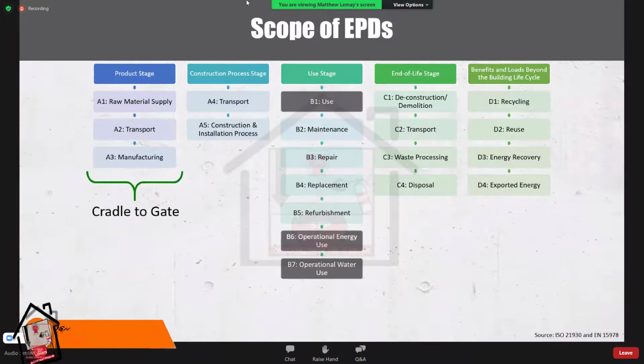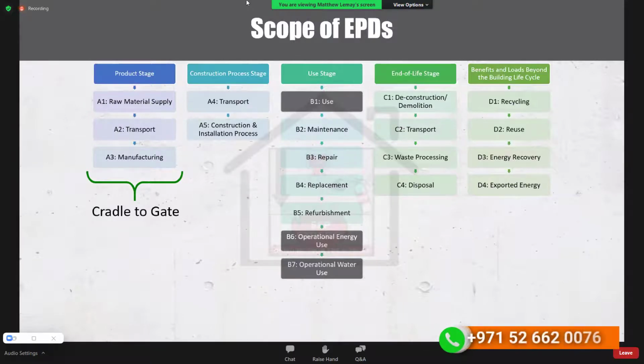Cradle to gate refers to the first product stage only. The gate in this phrase refers to the factory gate when a product leaves the gates. At present, this is the scope of NRMCA's industry-wide EPD, and I would say the majority of concrete EPDs, which means that it summarizes the impacts of concrete when it's manufactured and delivered to a site, but not the environmental impacts afterwards.